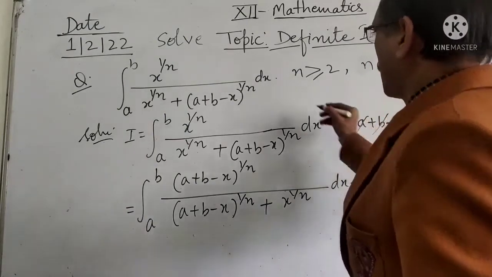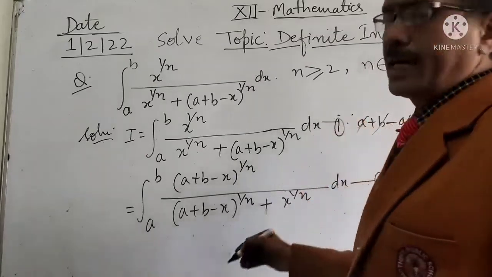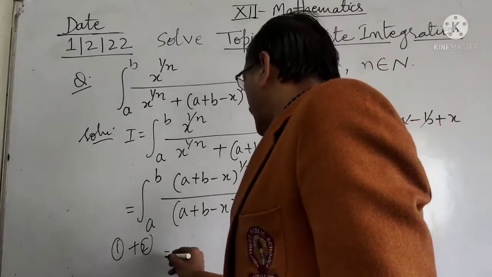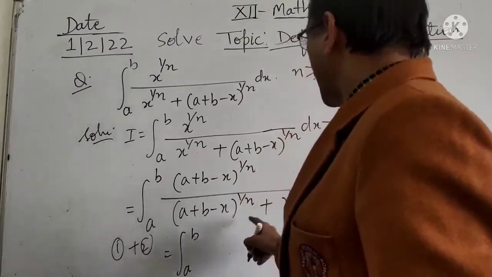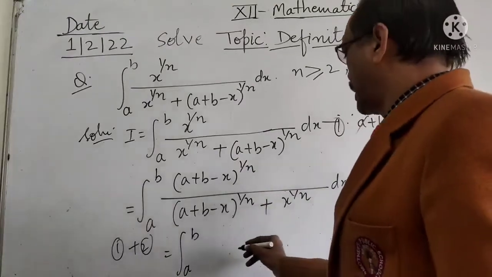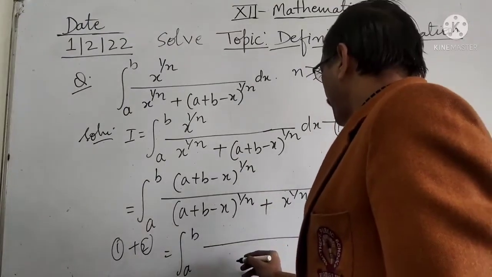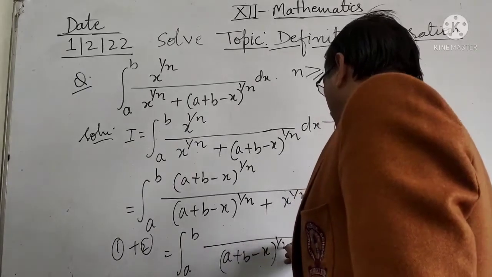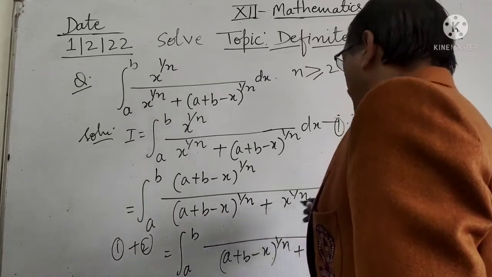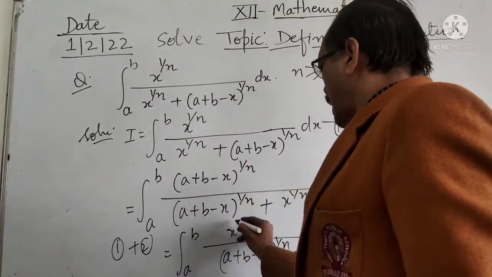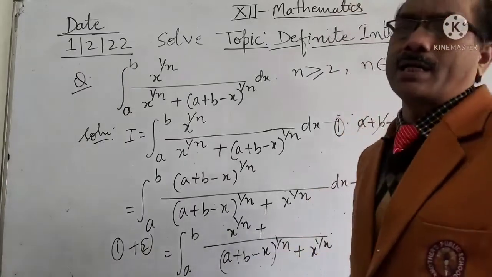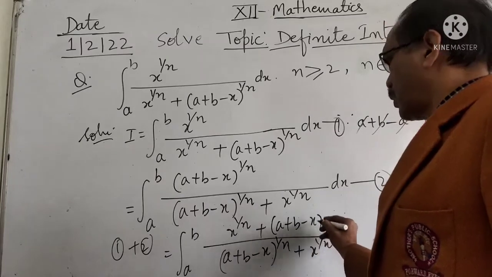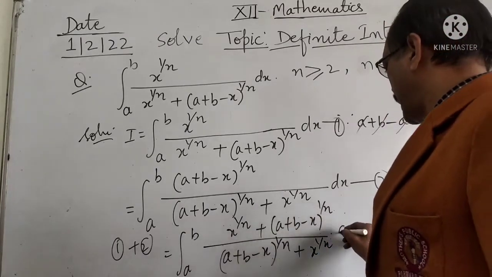Now this is equation 2, this is equation 1. Adding 1 and 2, we will get integral a to b, where the denominator of both integrations is the same, (a plus b minus x) whole power 1 upon n plus x power 1 upon n, and the numerator is x power 1 upon n plus (a plus b minus x) whole power 1 upon n dx.